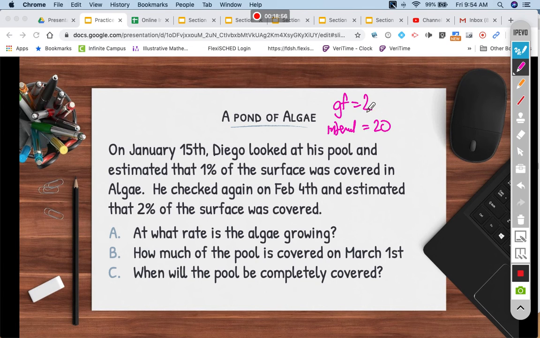So let's switch over to my other paper. If I could write that as a function, f of n would be 1 times 2 to the n over 20, because we're doubling, and it's taking 20 days to double. I want the growth rate. I need to find out how much per day.